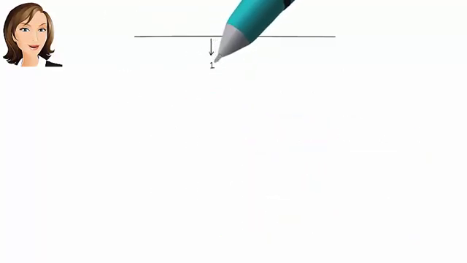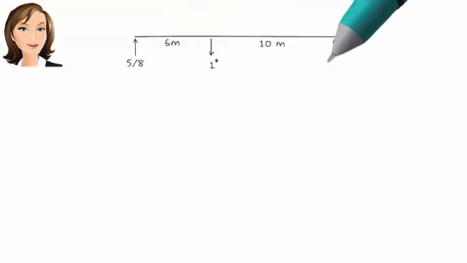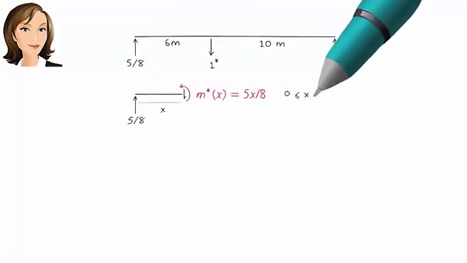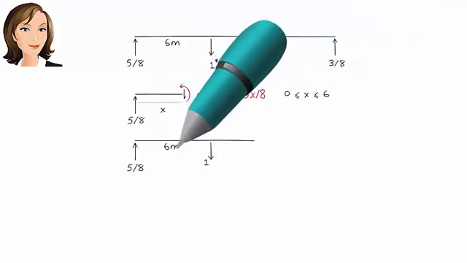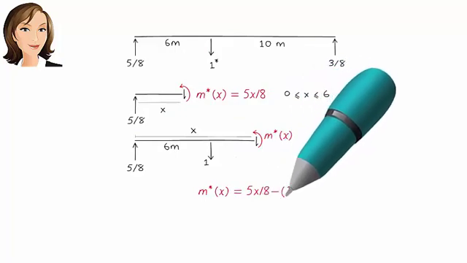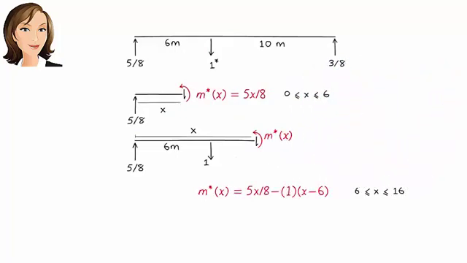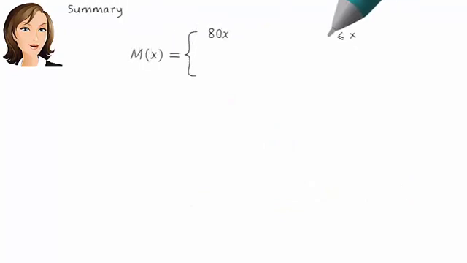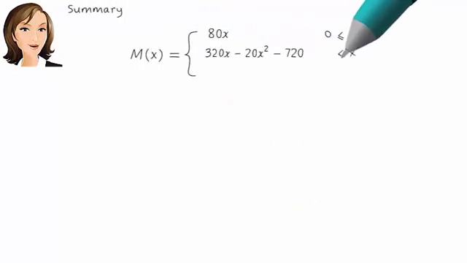Next, we replace the applied load with a virtual vertical unit load placed at B and write the moment equation for the beam. There are 2 such equations, one for the left beam segment and one for the right beam segment. To calculate delta B, we need to integrate m times m star.